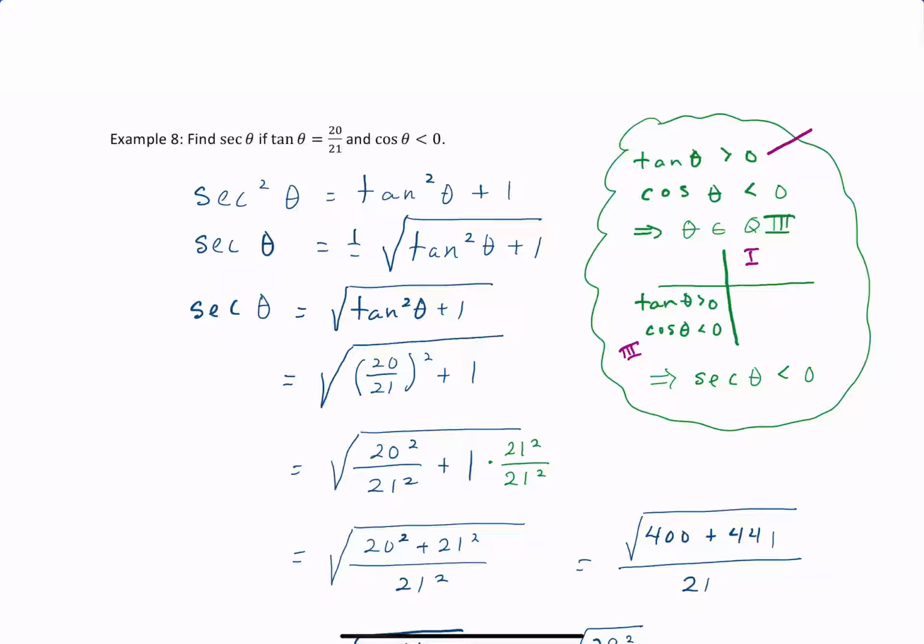But I also know that the cosine is negative. So I can't be in quadrant 1 because cosines are positive there. I must be in quadrant 3. Therefore, secant will be negative.